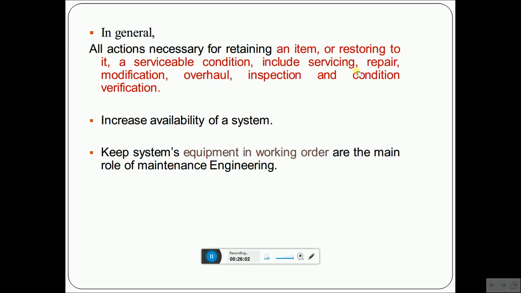You will repair something upon, for example, an approach of corrective maintenance. So my laptop screen breaks and I repair it.